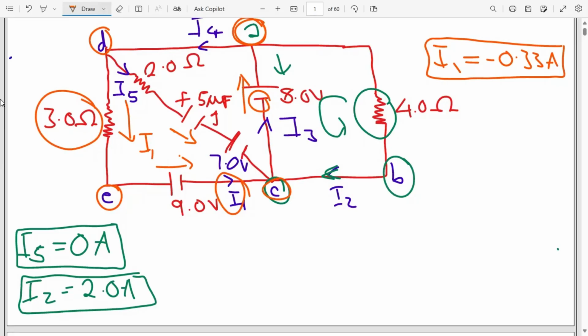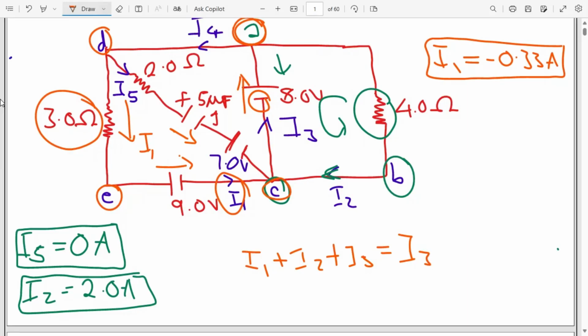We have current 5, current 1, current 2 entering junction C, then we have current 3 leaving this particular junction. So we're going to say I1 plus I2 plus I5 should be equal to current 3.